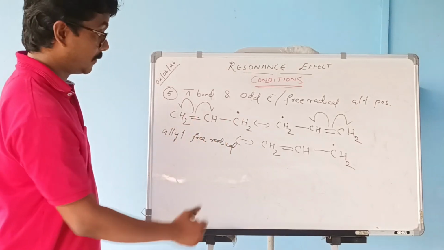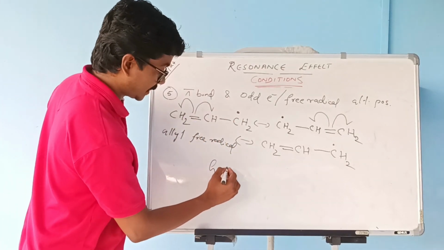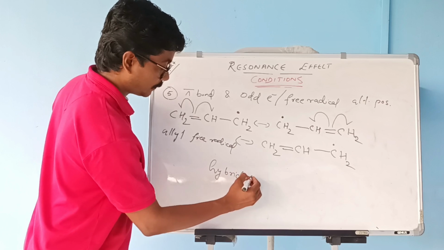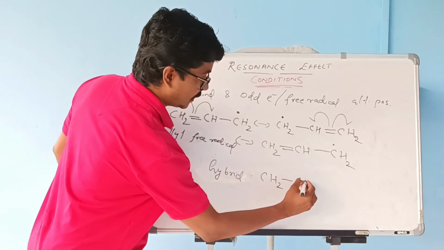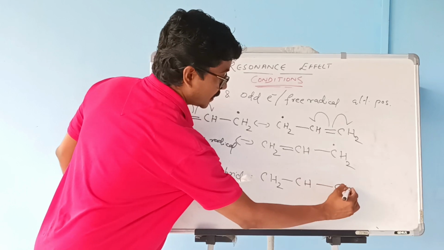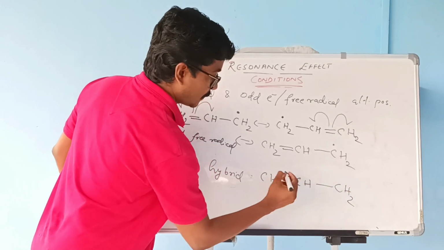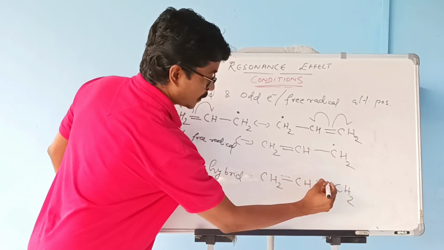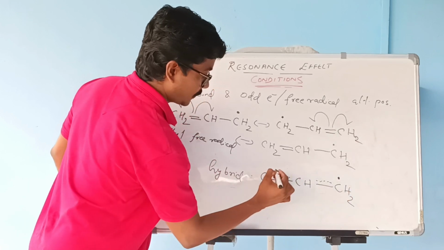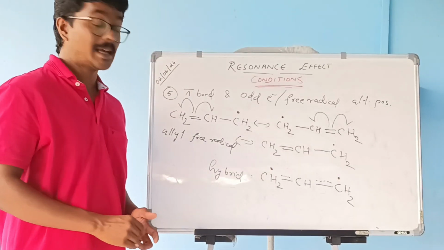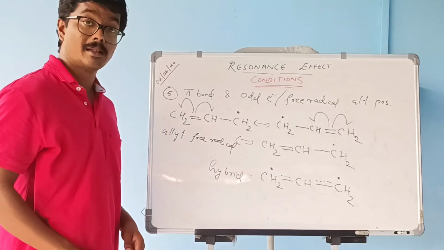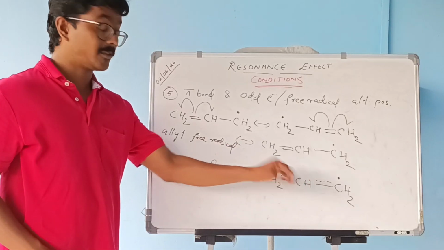And the hybrid structure will be CH2 single bond CH2 with a dot on each terminal carbon. This is the hybrid structure of allyl free radicals.